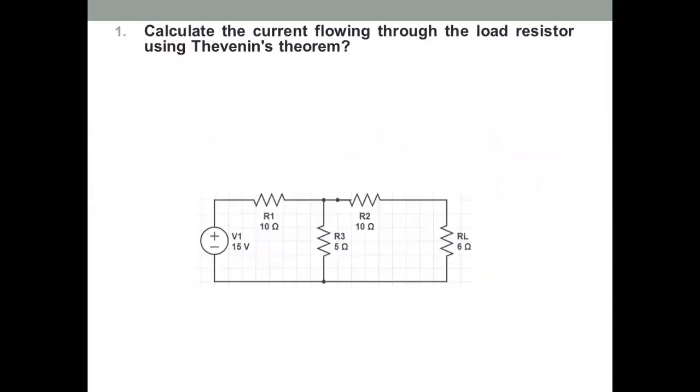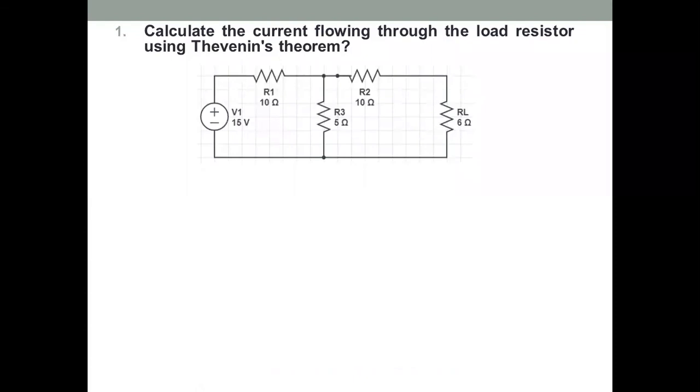So let us take this problem. Here we need to calculate the current flowing through the load resistor using Thevenin's theorem for the circuit given below. If you observe the circuit, here RL is nothing but your load resistance. As it has been directly mentioned as RL, we call this RL the load resistance. If it is not mentioned, then in the question we need to check.